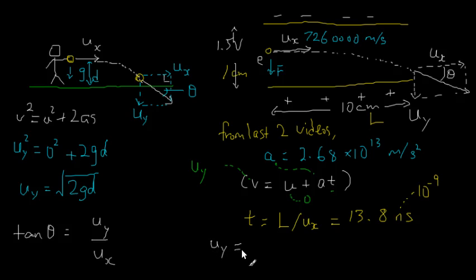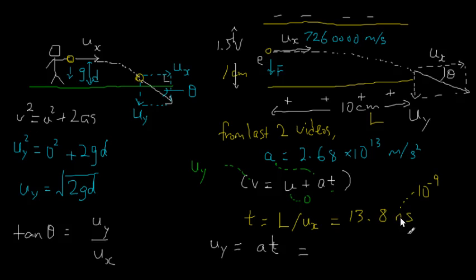So uy, therefore, is equal to, this is 0, a times t is equal to a times t. Now a is equal to this acceleration, the vertical acceleration, and t is this time given here. Must not forget the 10 to the minus 9.